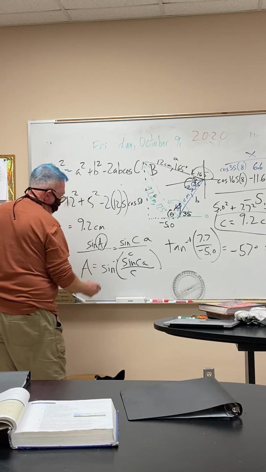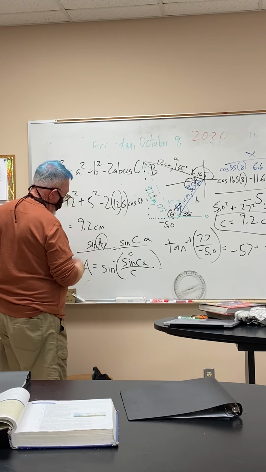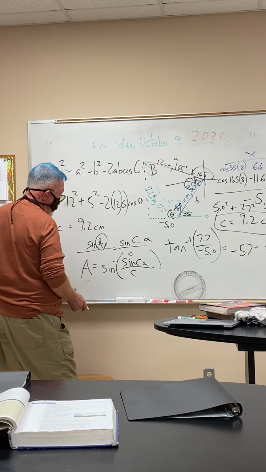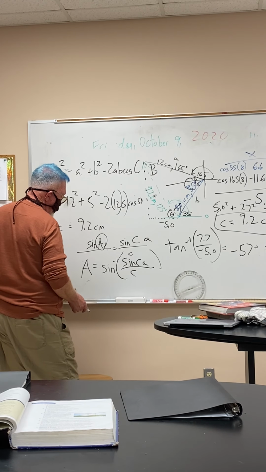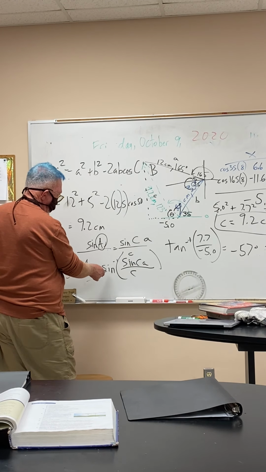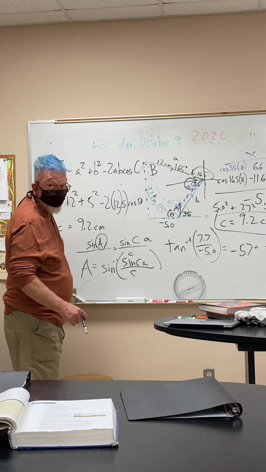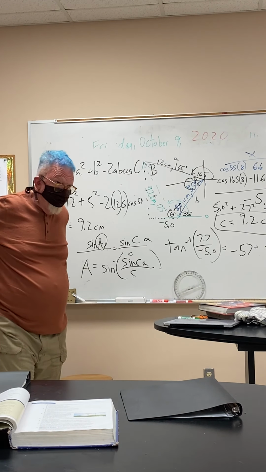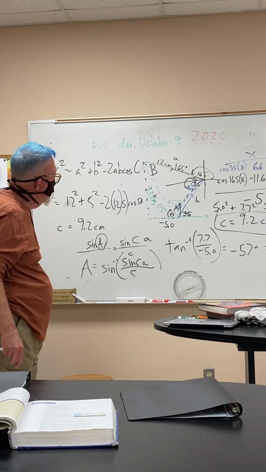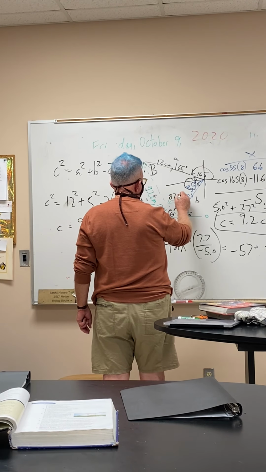When we throw all those numbers in, sine of 50 times 12 over 9.2, we get 87.7. So this angle A is 87.7 degrees.